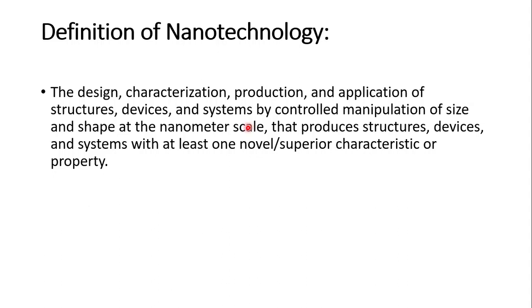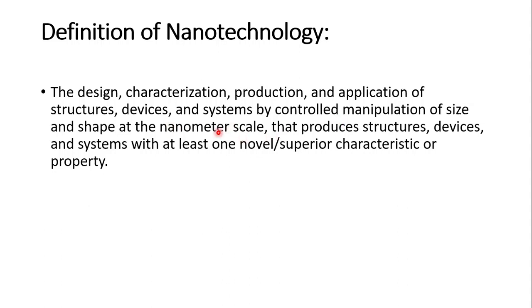On the same lines, we have a nanoparticle, then we make it functional, then we add certain things to it that make it more specific for the function that it has been designed for, and then it forms a whole system, and this is done with controlled manipulation of size and shape at the nanometer scale.